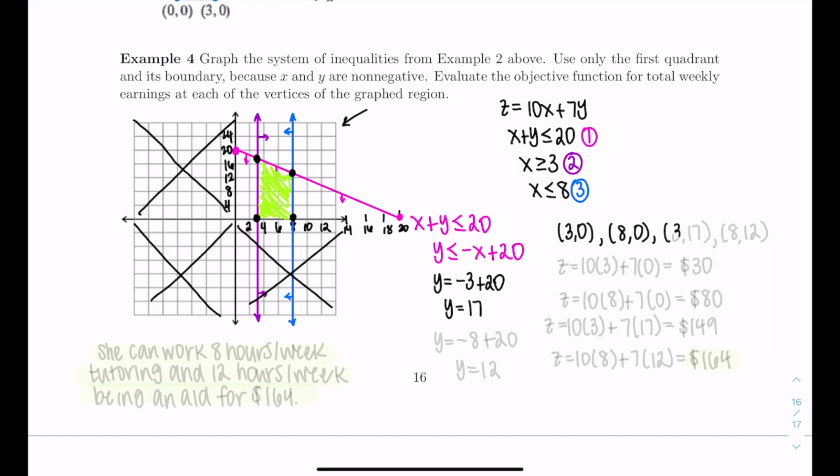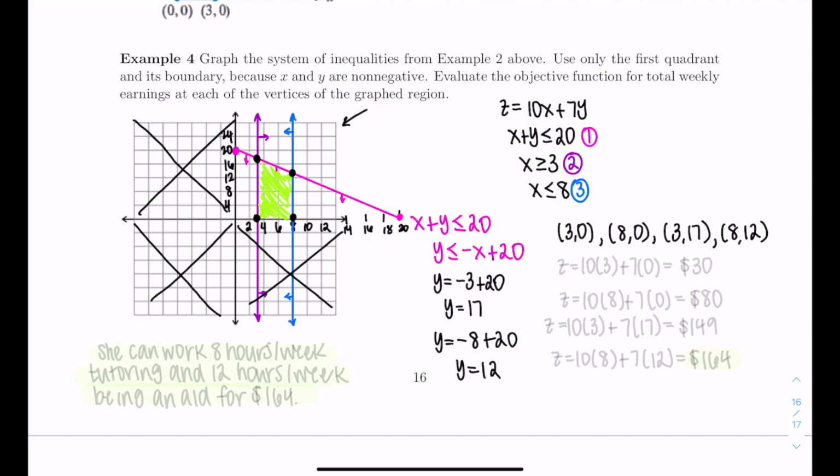So we have a point 3, 17. And we want to do the same thing for the blue and the pink intersection. For the other one, we know that the x value is 8. So -8 plus 20 gives you y equals 12. And so our last corner we need to check is 8, 12.